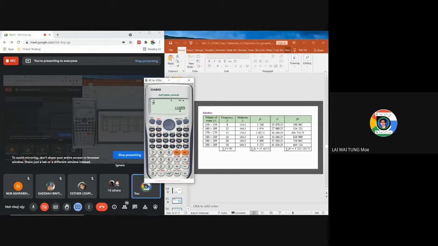It will come out the answer for you. Before you continue to calculate the fx square, you need to delete the memory first. So you press Shift 9 and then press 2 to clear the memory before you calculate. Then it will be fine.